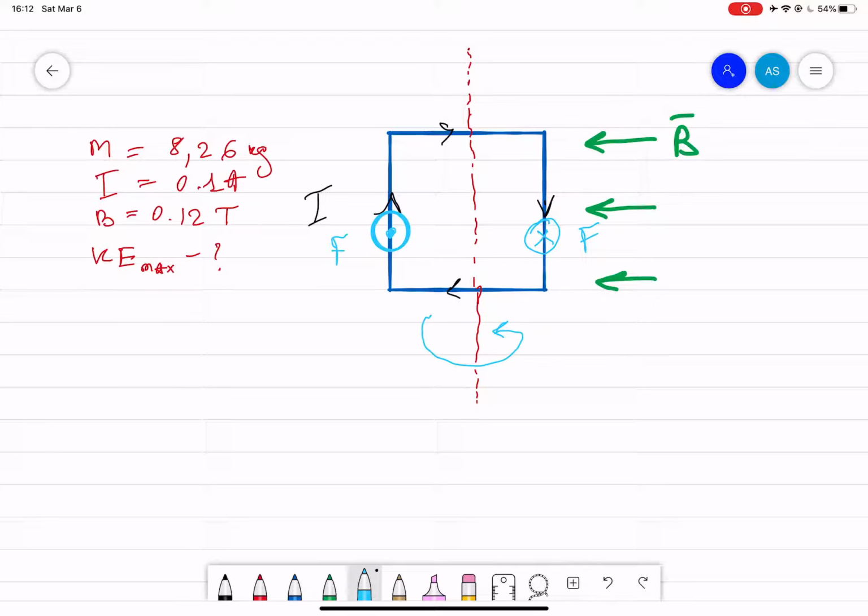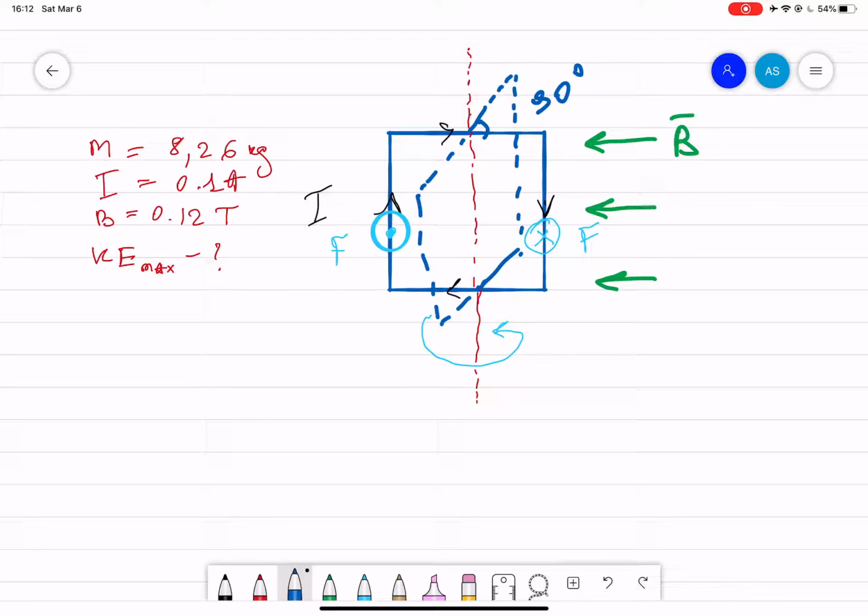It will rotate in that direction until it makes a 90 degree angle, and then it will stop. As you can see here is the 90 degree, so it will rotate until it makes 90 degrees and it will stop.